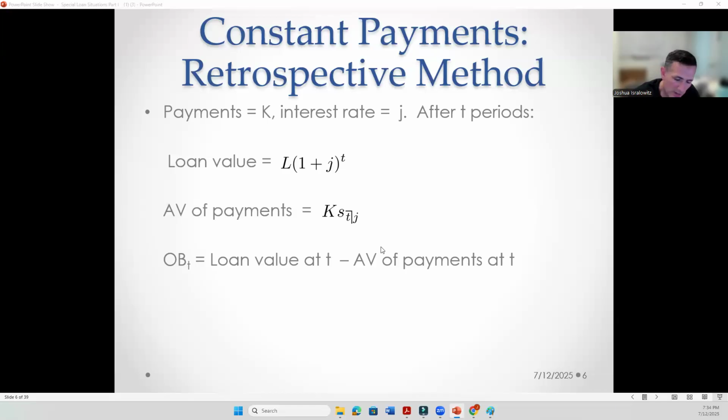We haven't done equations of value in a long time, so if you forgot what those are technically, just forget about that.